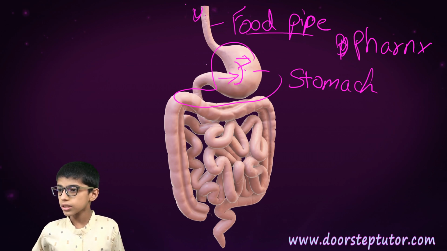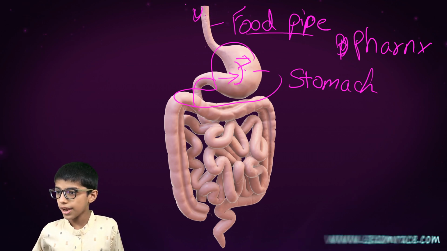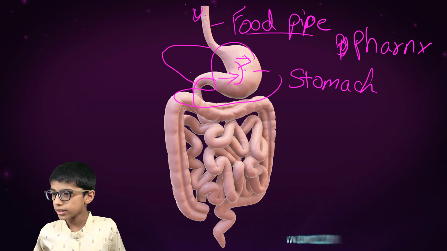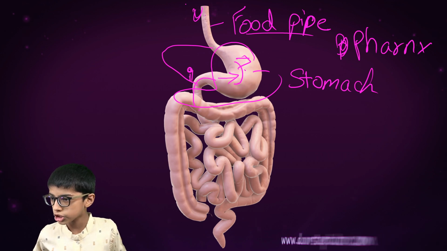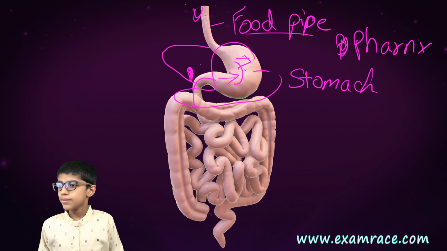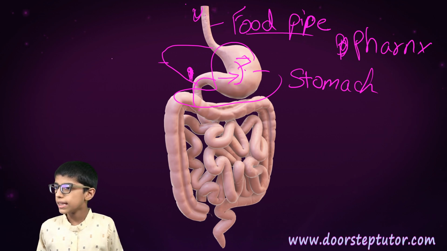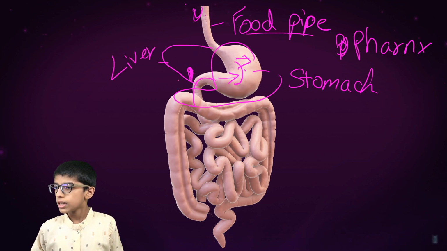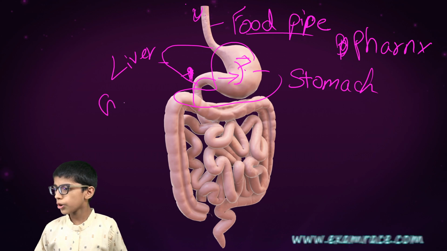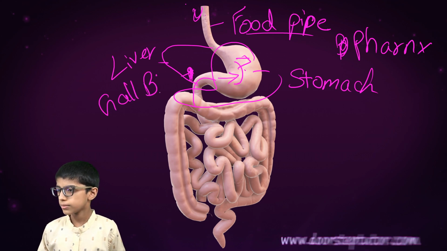After the stomach, here there is the liver also, and the gallbladder, which stores the bile juice. Bile juice is made by the liver and it is stored in the gallbladder.